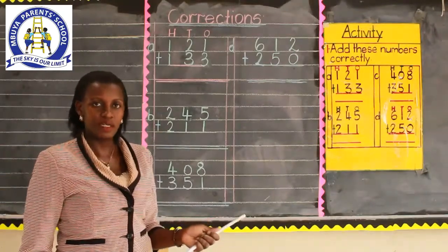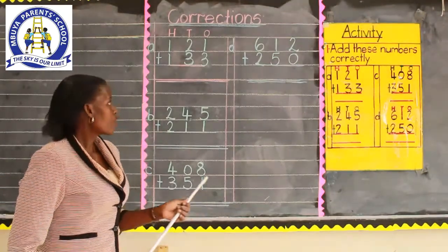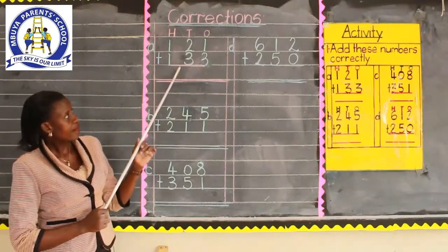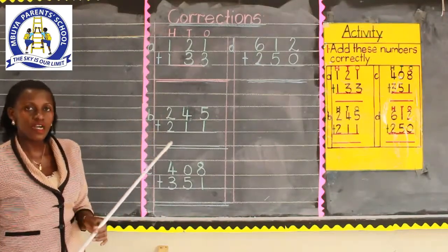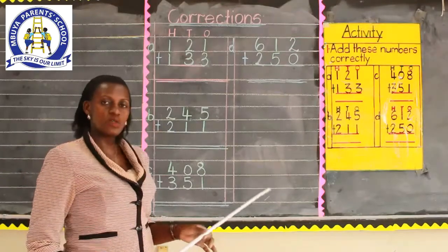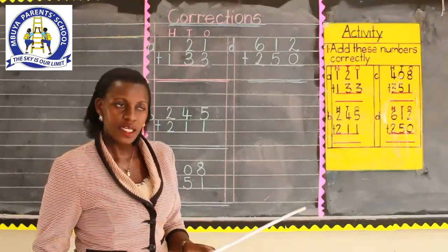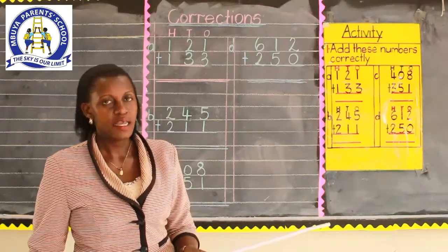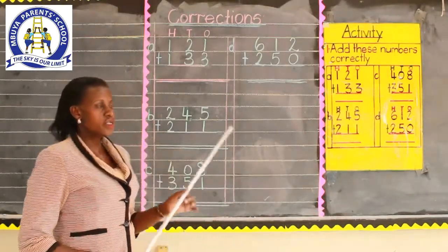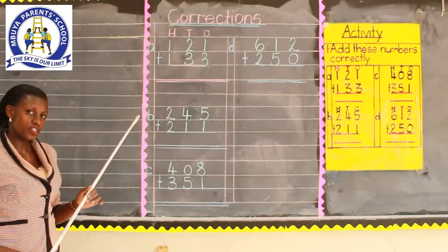They are quite big. Are we together? So we have to arrange them the way they are. Then we give them place values, so that the ones which are under ones fall alone, the ones under tens also alone, then the ones under hundreds also stay together for easy addition.